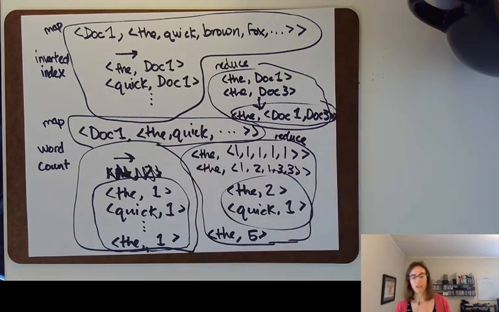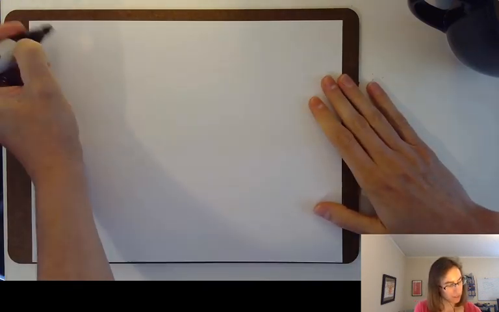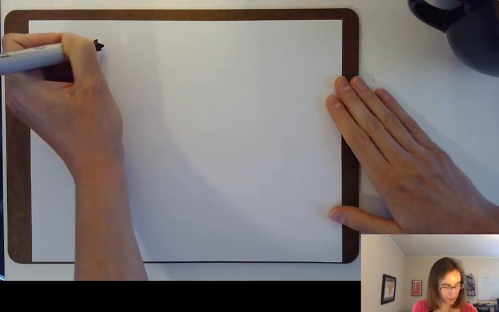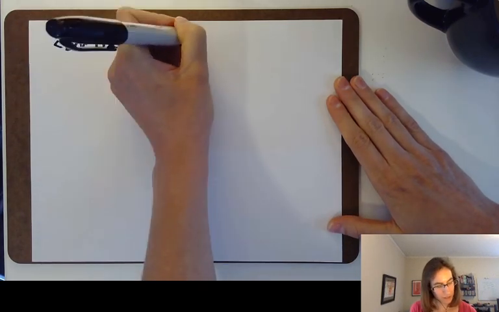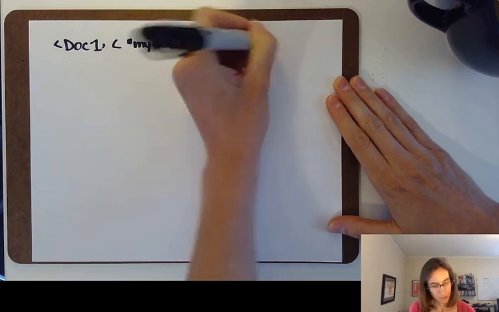What about the distributed grep example? What's the input to the reduce function then? Well, it would be something like document 1: "my dog Spot," "best dog ever."